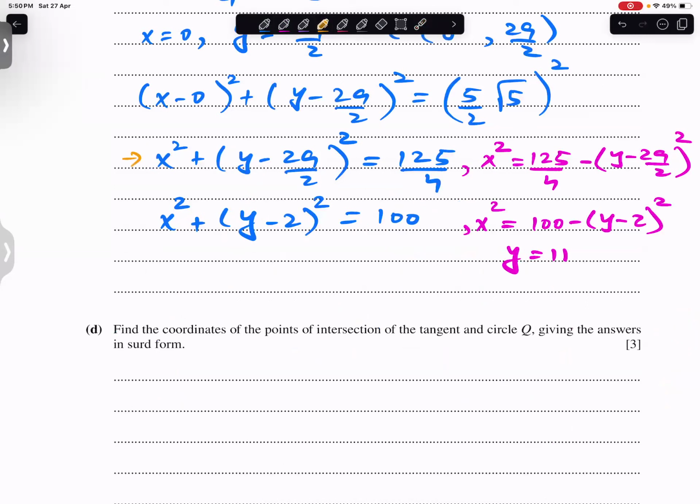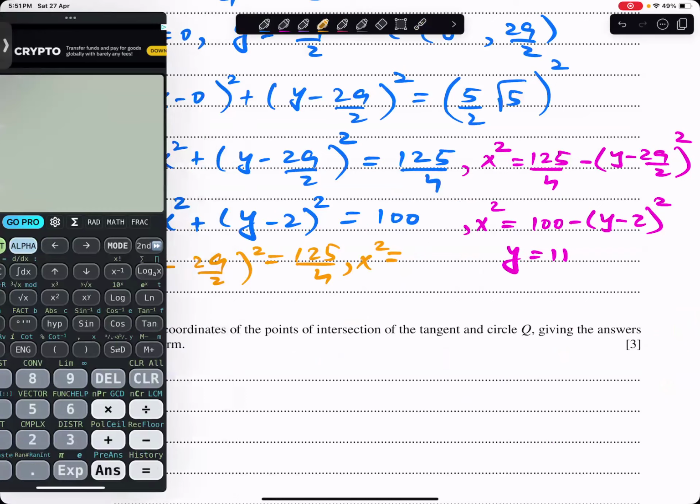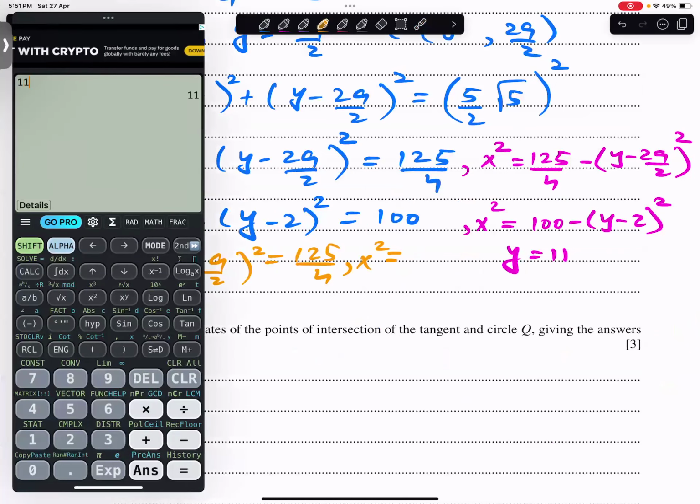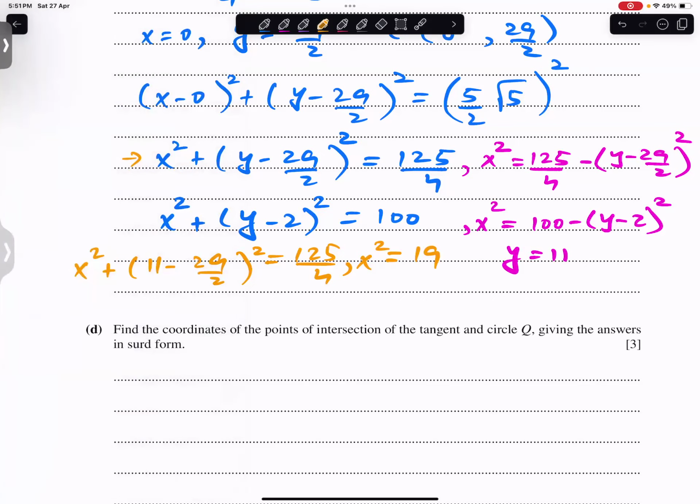So the first one gives x² + (11 − 29/2)² = 125/4. So x² = 125/4 minus (11 − 29/2) squared, which is 19, given by the first circle.